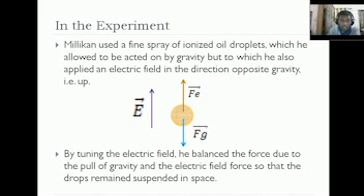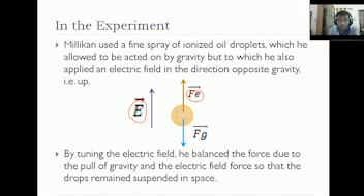As we can see in this diagram, the electric field is in the upward direction, so the particle is positively charged and the force vector is parallel to the electric field vector. Therefore we have Fe = qE.